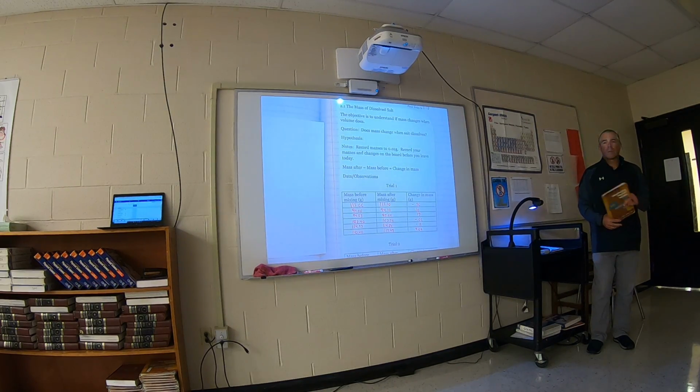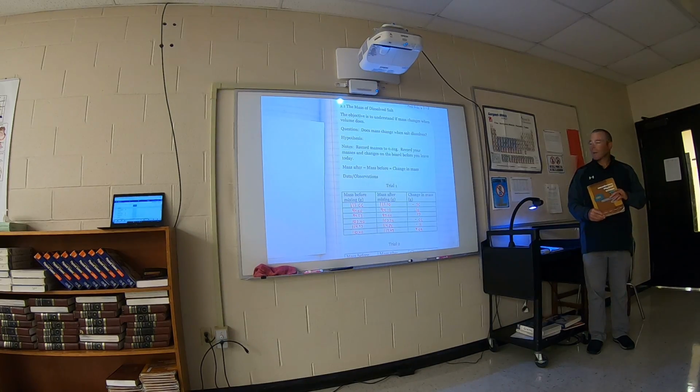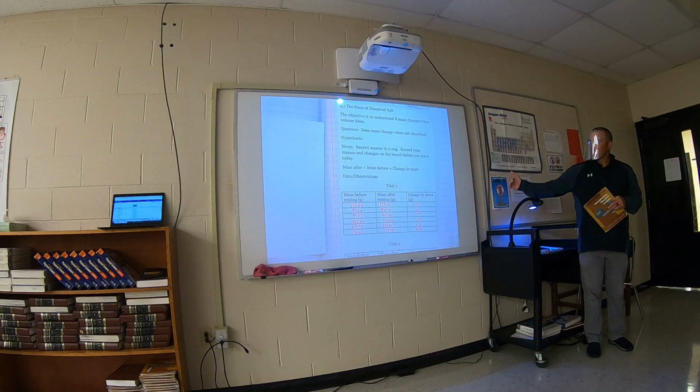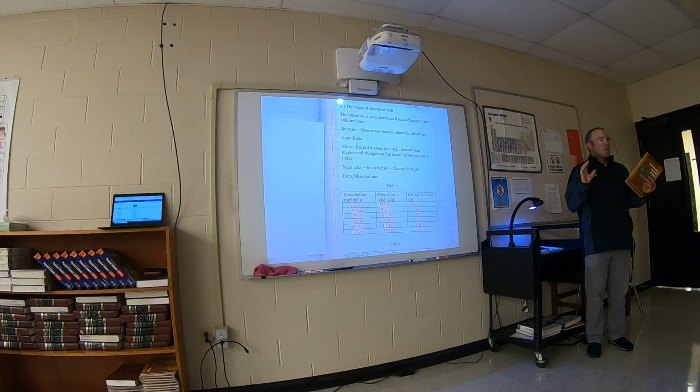So those are all problems in this experiment, and that's the reason why we sometimes get a loss, we sometimes get a gain of mass. But really, if you think about it, we want to know, does mass change? If all the salt got into the plastic bottle, all the atoms that make up the salt, all the atoms that make up the water, when the salt dissolves, are the number of atoms going to change?